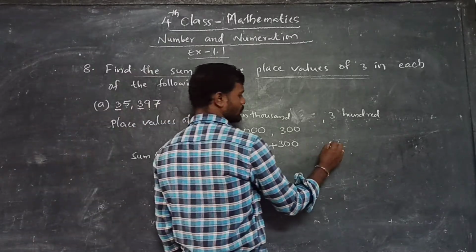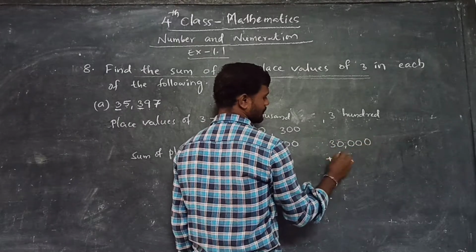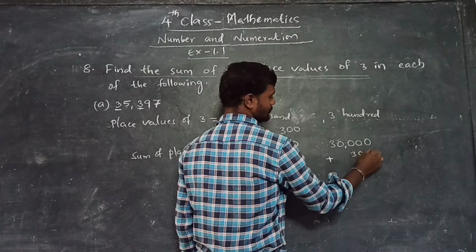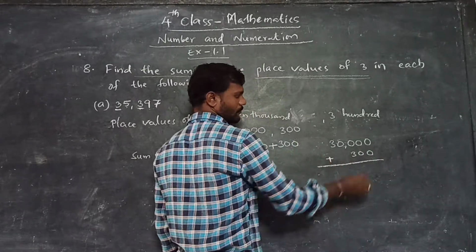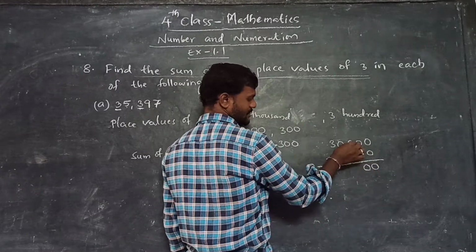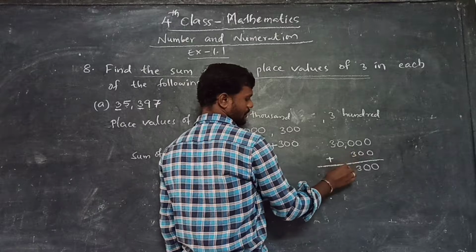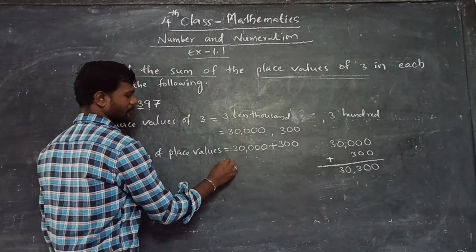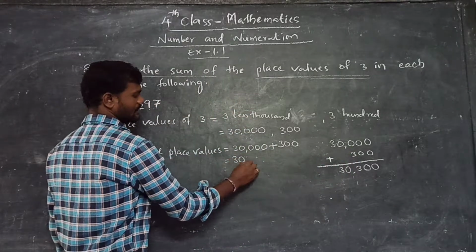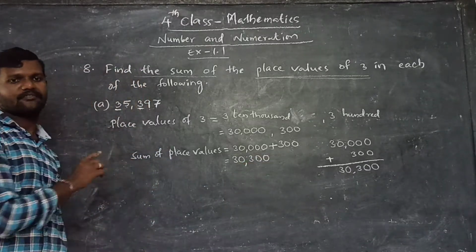Find the sum. 0 plus 0, 0. 0 plus 3, 3. And write 0 and 3. What is the sum we got? 30,300. This is the sum of the place values of 3 in the first given number.